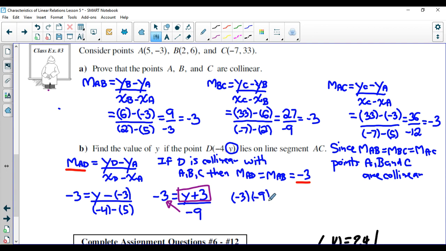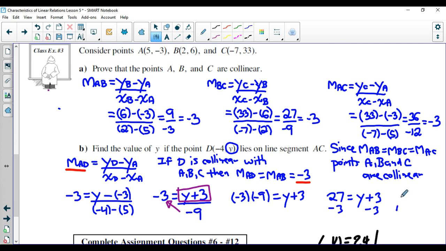If you put two brackets side by side, it means multiplication. And that would be equal to y plus 3. Now, negative 3 times negative 9 is positive 27. So 27 is equal to y plus 3. To get the y by itself, subtract 3 from both sides of the equation.